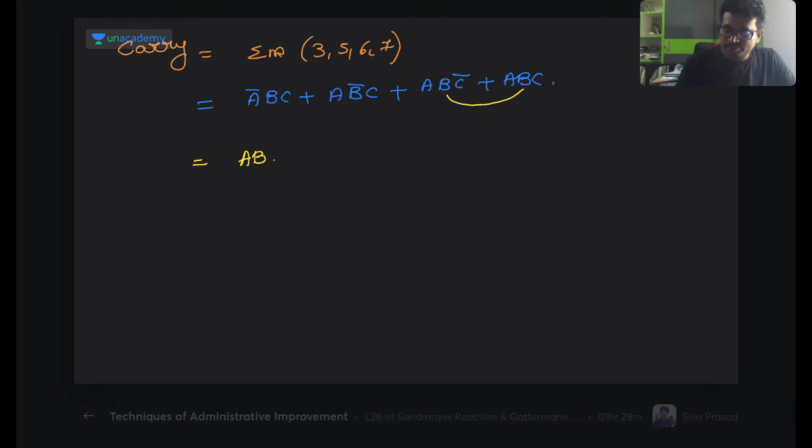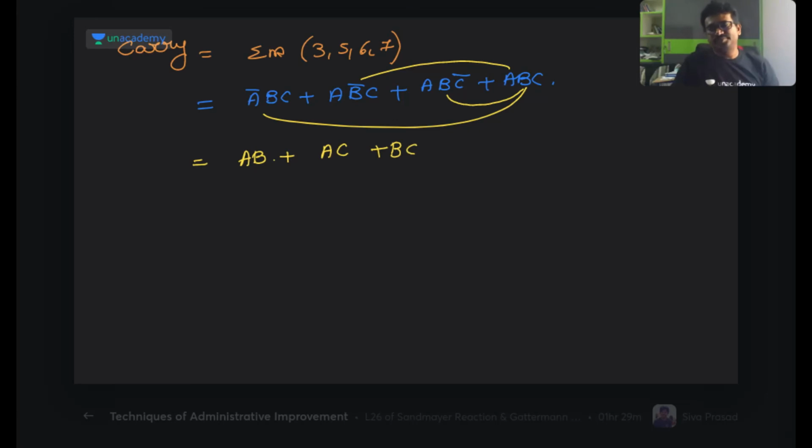If I group these two, I will get AC. If I group these two, I will get BC. So the carry expression is finally AB plus BC plus CA.